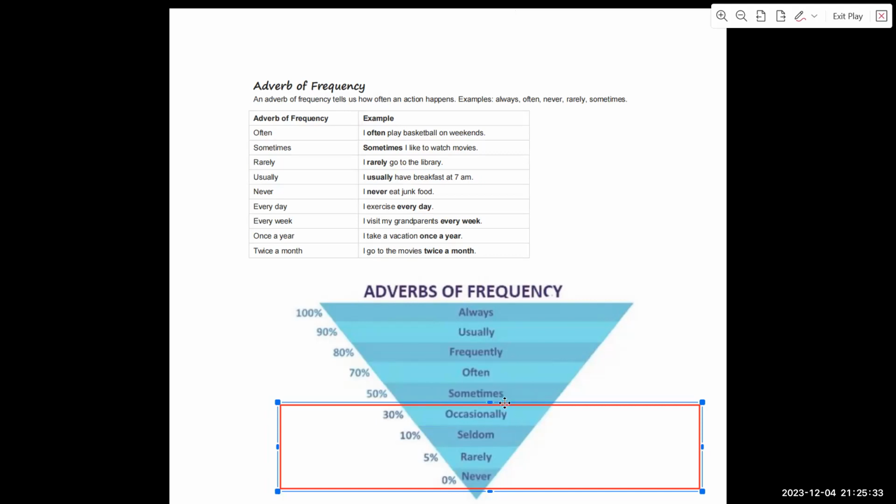And this one is more like 50% already, when you're doing it 50-50. So you will use sometimes. And sometimes and often have a difference. As you can see, sometimes is under often, right?